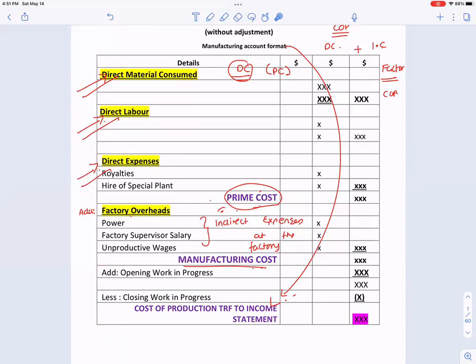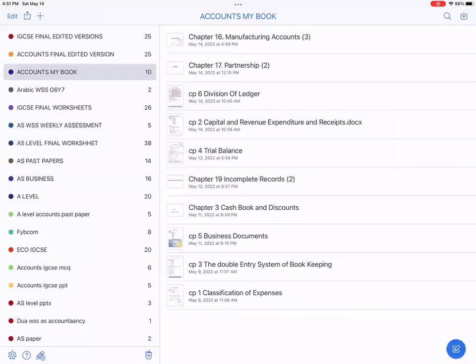So, direct material consumed plus direct labor plus direct expenses give you prime cost. You add the factory overhead, it gives you the manufacturing cost, and then you add opening work in progress minus closing work in progress, give you the cost of production, transferred to income statement.